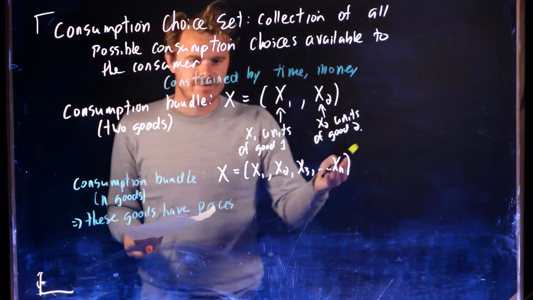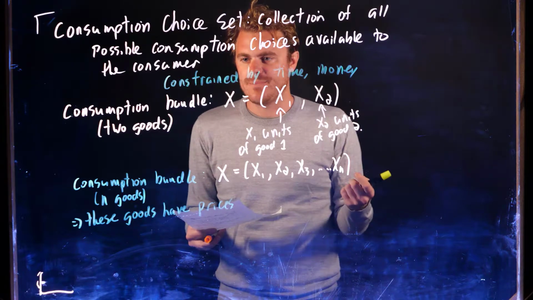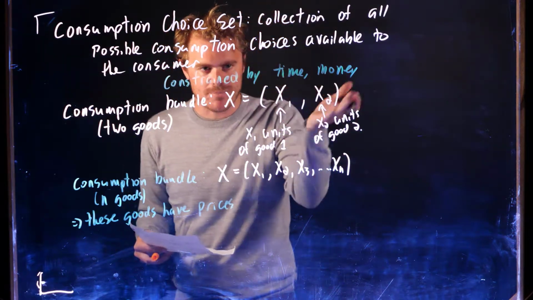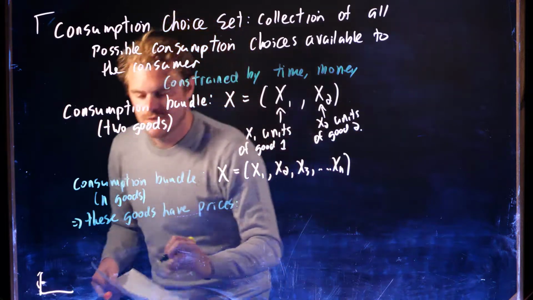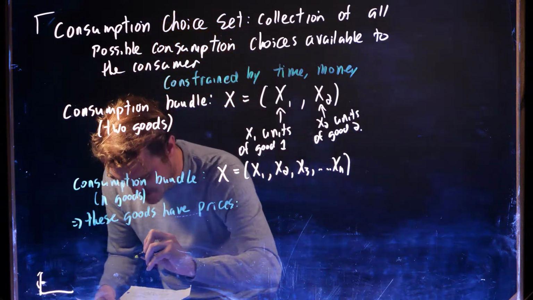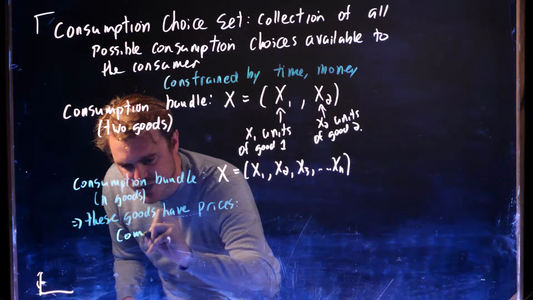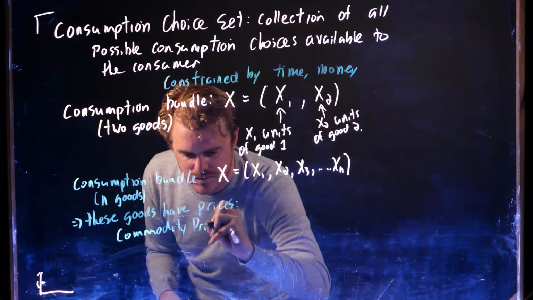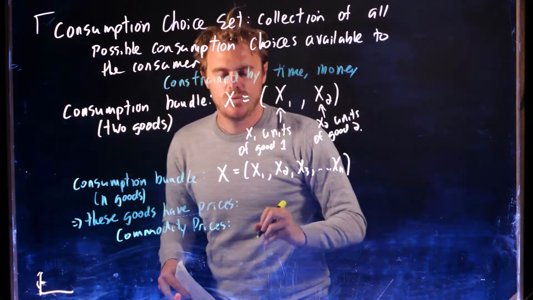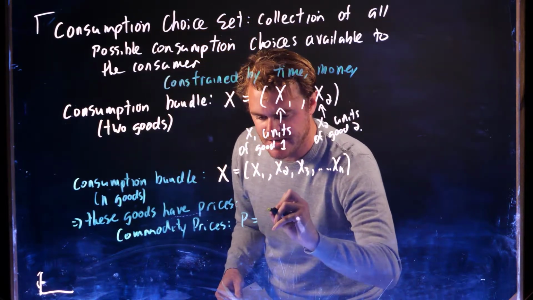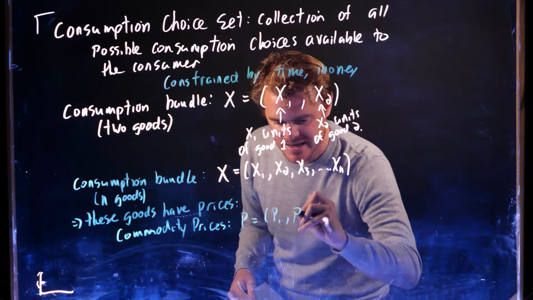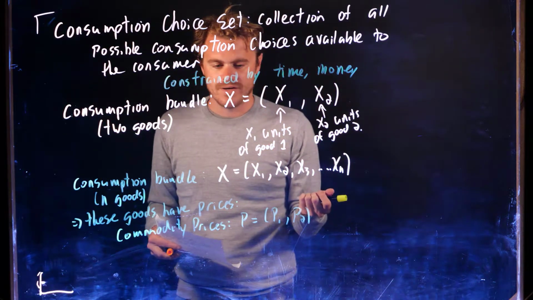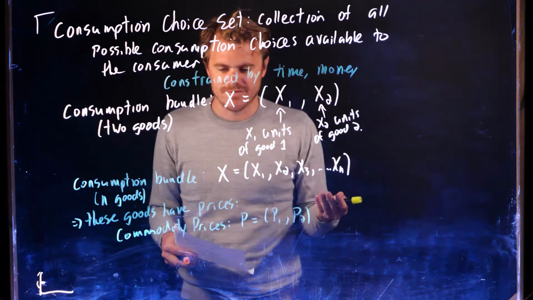And so we can think of commodity prices in the same way as consumption bundles, in terms of how we're going to represent them. So if we wanted commodity prices for 2 goods, we could say capital P equals (P1, P2), where P1 is the price of good 1 and P2 is the price of good 2.